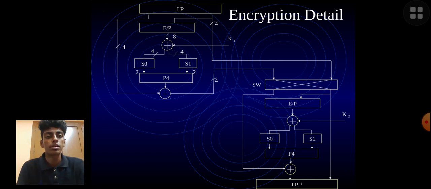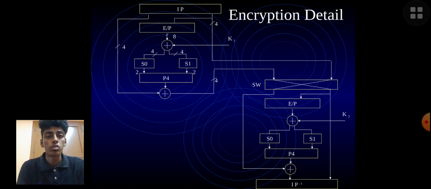Now the process of encryption in detail. We can see the detailed operation of encryption. As I told already, first we find the IP of the 8-bit plain text. We take the last 4 bits of IP as the input to EP, and we get an 8-bit output. That 8 bits is divided into first 4 and last 4.